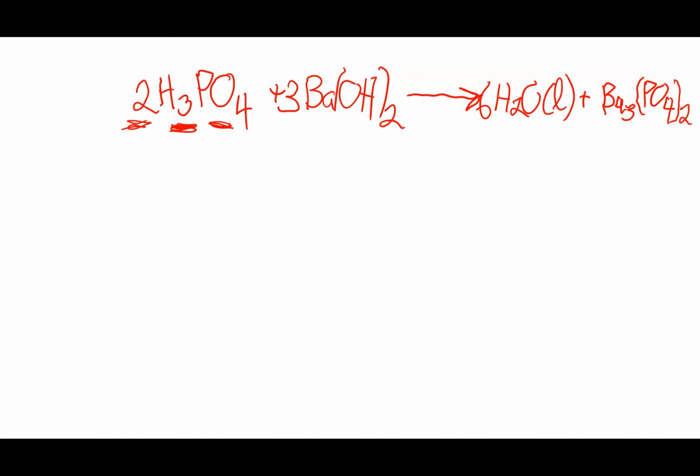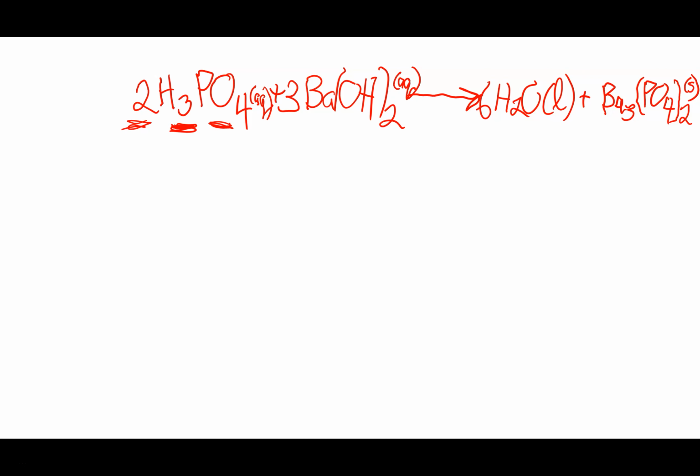So phosphoric acid, we know that's aqueous. We can use our solubility rules to look at that. Barium hydroxide's aqueous, H2O is a liquid, and barium phosphate we'll say is a solid.